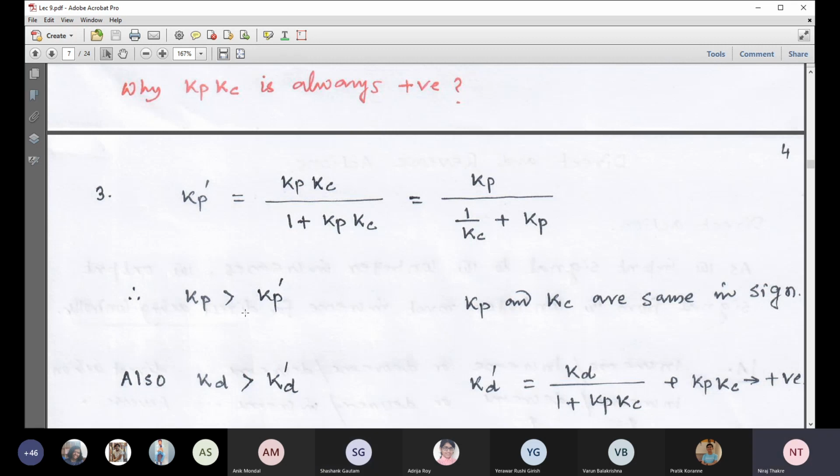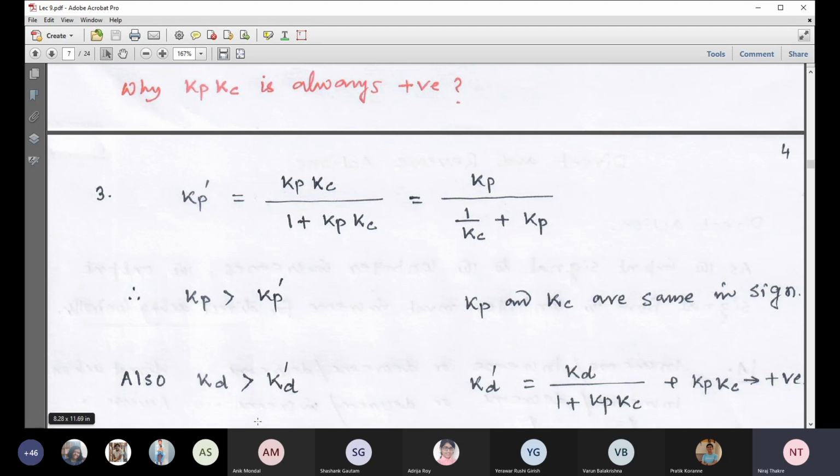Correct. The steady state gain gets reduced because this is related to the gain.